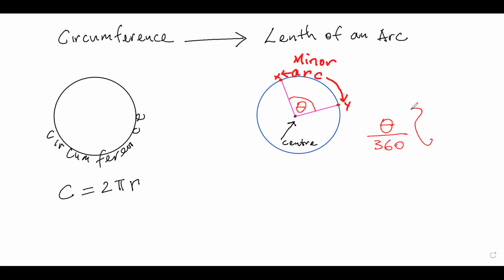Is this my fraction here, people? Yes, it is. It's a fraction of 360 degrees, because remember, the entire circle is 360 degrees. So if the whole thing is 360, and I call the part theta, then the part is really theta divided by 360. Let me give an example.